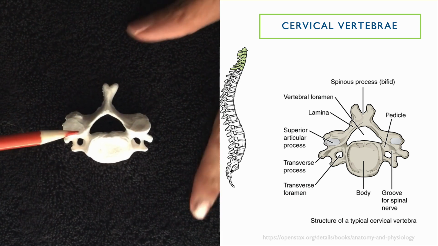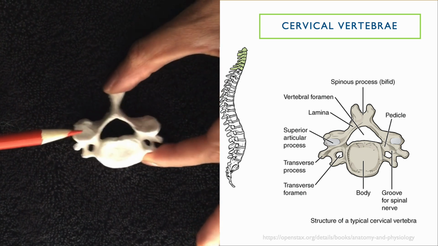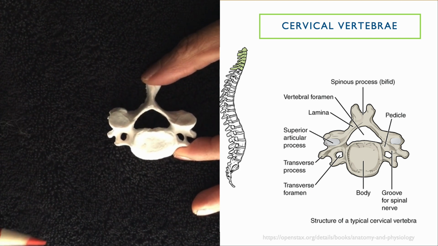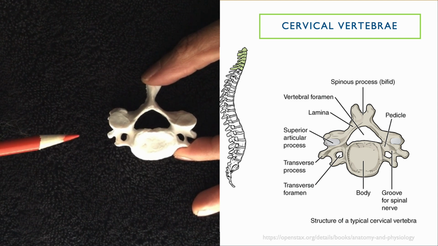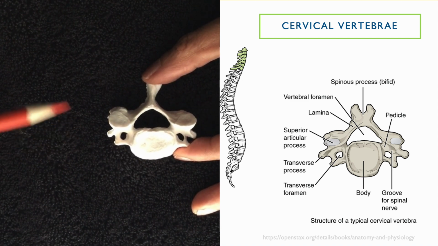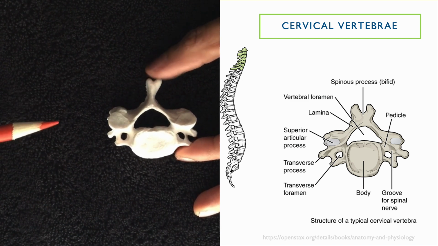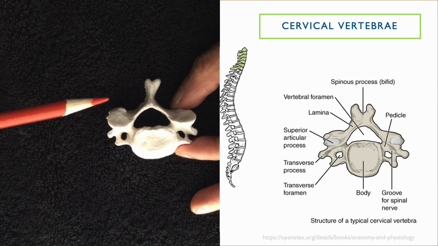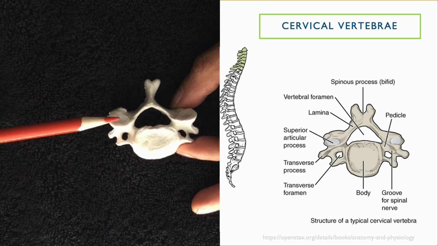Here we have the typical cervical vertebrae, which you would see basically in the cervical area, which is C1 to C7. Now, of course, the caveat here is C1 and C2 look very different, and C7's a bit different too, but it's got essentially the same characteristics. So it's the smallest and lightest vertebrae, very delicate compared to the others.